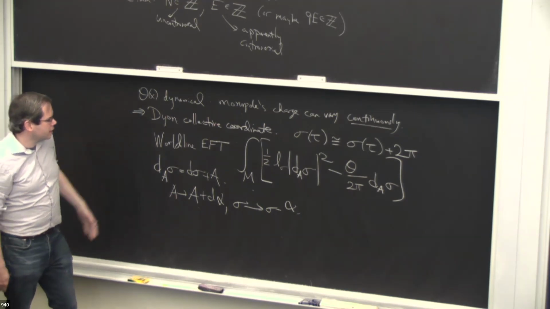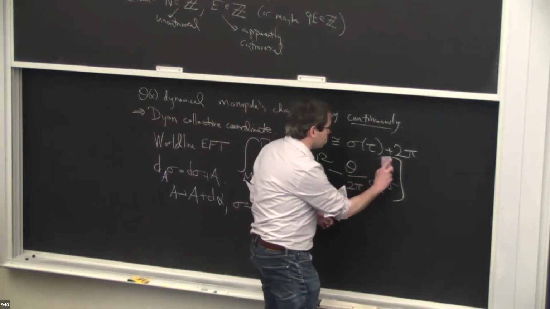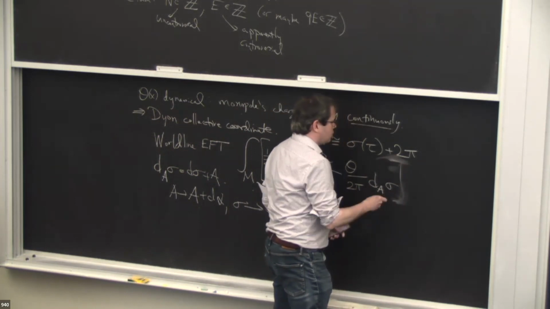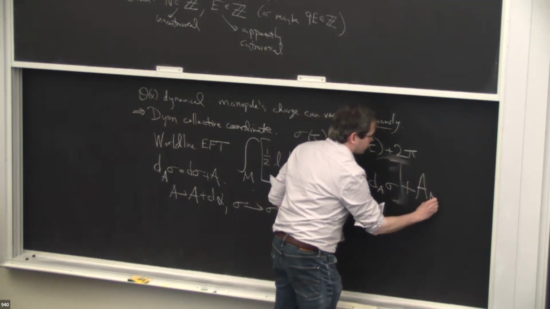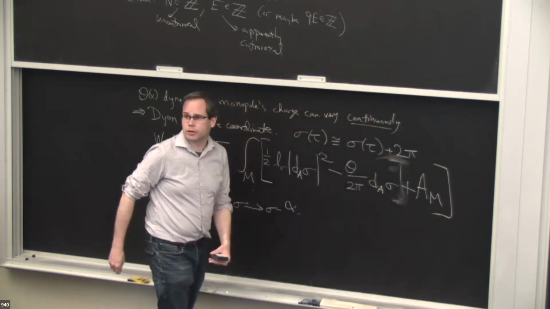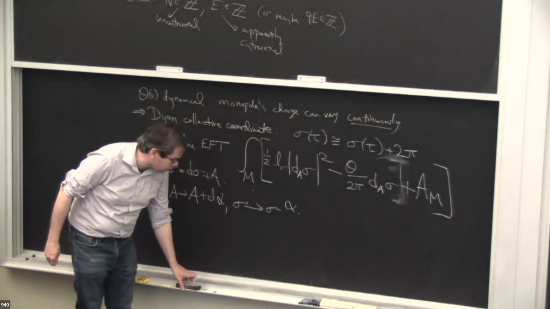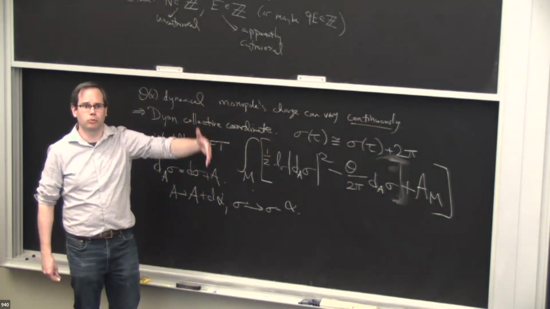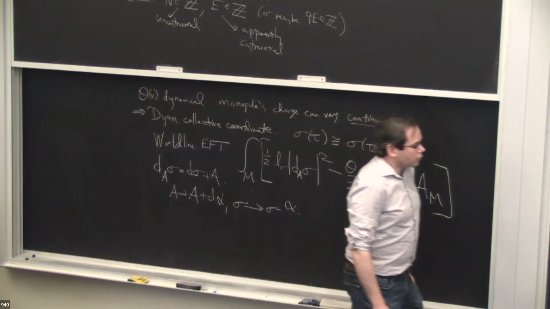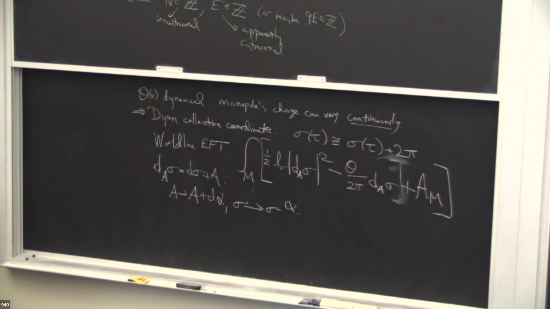One way you can check that is, okay, there's another coupling that I didn't write here, which is the coupling to the magnetic gauge field. Right, the monopole is charged under the magnetic gauge field, so I should have a coupling that integrates the magnetic gauge field along the monopole world line. When I do this operation, my magnetic gauge field is not gauge invariant when I shift theta by 2π.